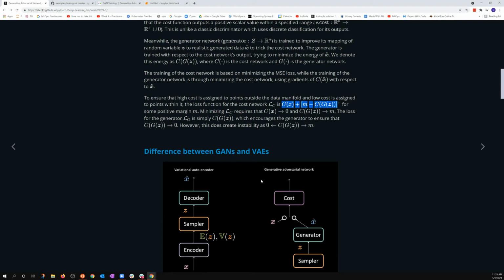So when you're trying to sample from that space in which you have trained it in this way, with respect to a generative adversarial network versus a variational autoencoder in which you have some MSE or MAE loss, there the decision boundaries are fixed, and here it's kind of variable.